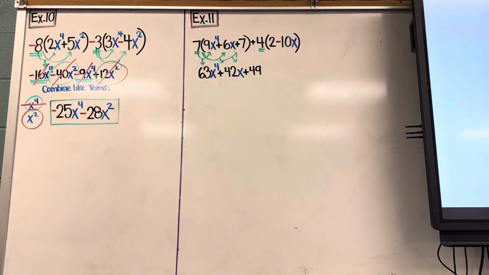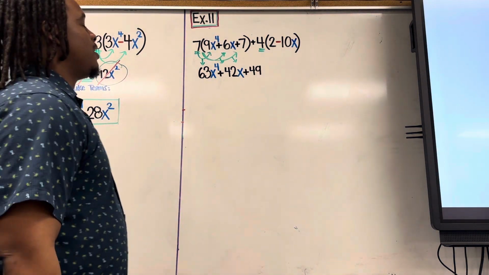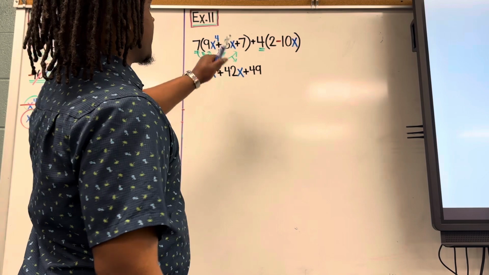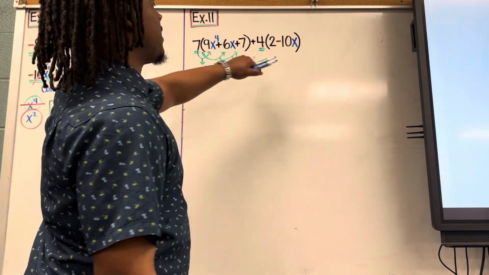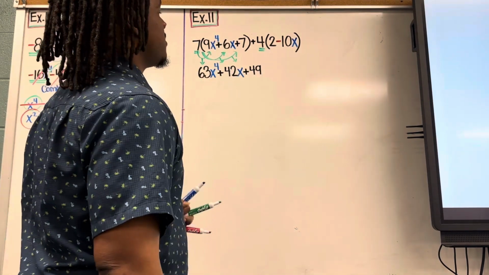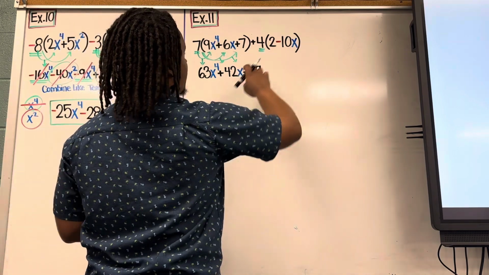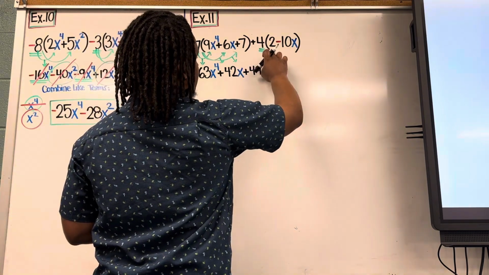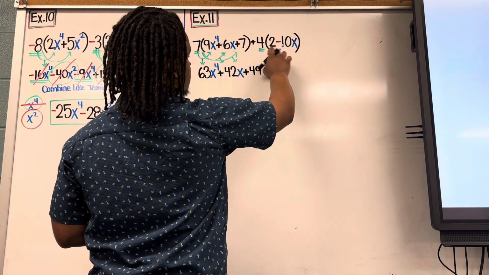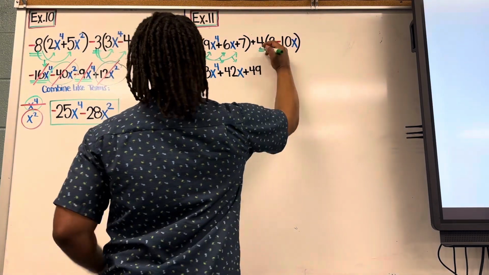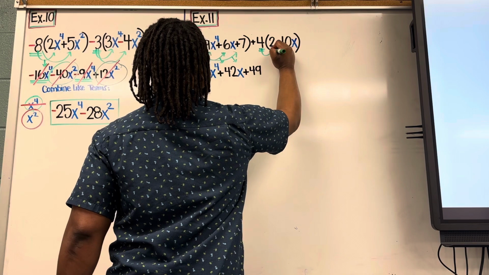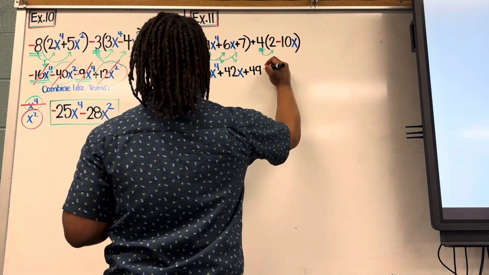All right? Now I'm done distributing the first parentheses. Now I'm at the second parentheses. And attached to it is a positive 4 on the outside, meaning that I need to distribute by multiplying everything within the parentheses by a positive 4. So 4 times 2 is 8, so that's going to be plus 8.